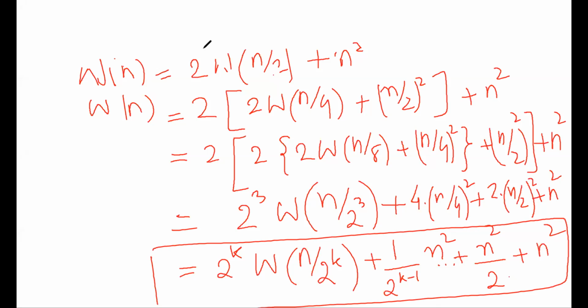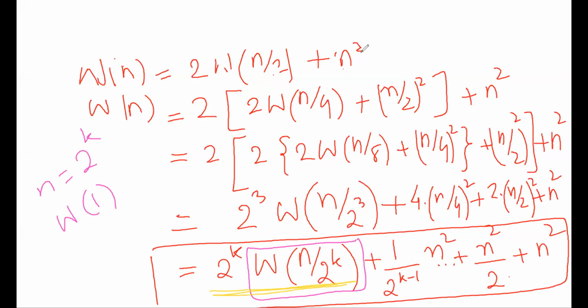If you see this term here, when n is equal to 2^k, I will get W of 1. So what will this whole thing become? This whole thing becomes n into W of 1.